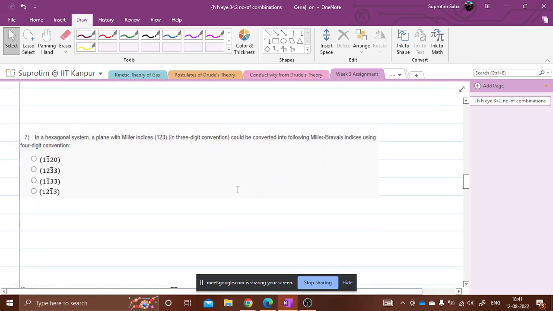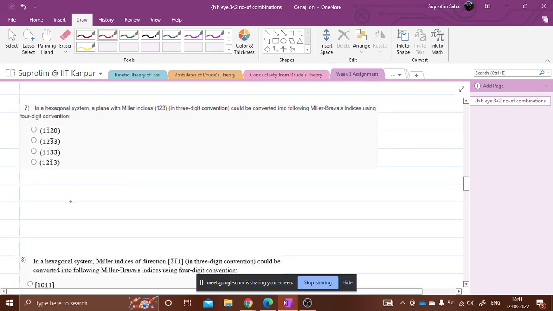Okay. Now the seventh question. In a hexagonal system, a plane with Miller indices 1 2 3 in 3-digit convention could be converted into the following Miller-Bravais indices using 4-digit convention. All right.